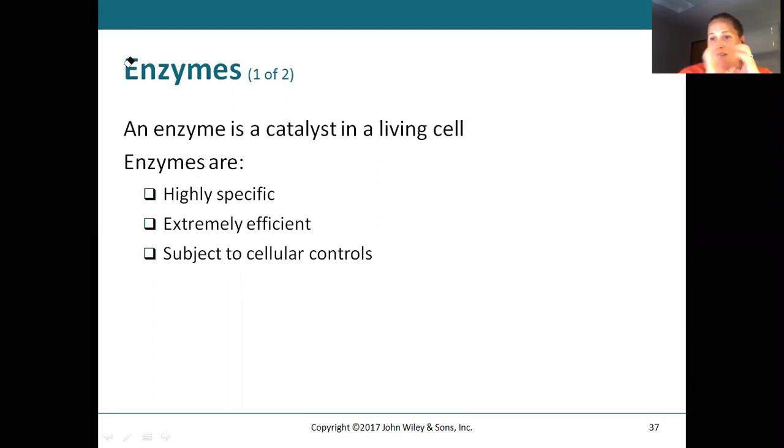What they're going to do is change the conformation of that other molecule, and enzymes can be subject to cellular controls because enzymes are carrying out these reactions. Some reactions you want turned up, some reactions you want turned down, and some reactions you want to happen under very specific circumstances, and so other cellular controls will help those enzymes.